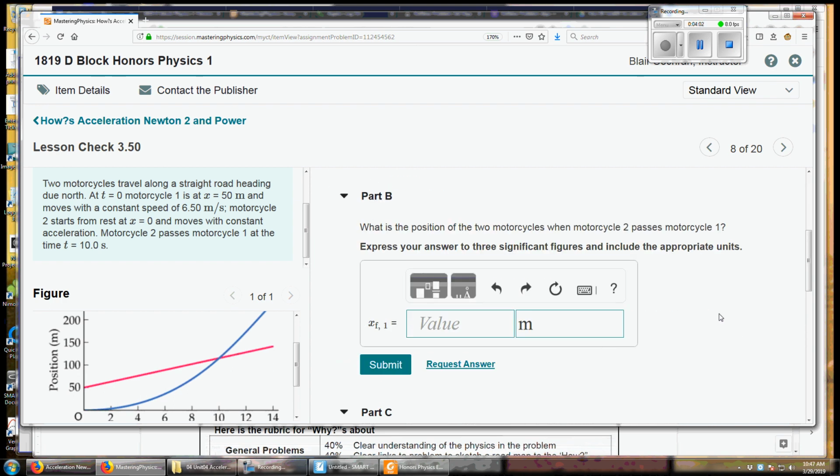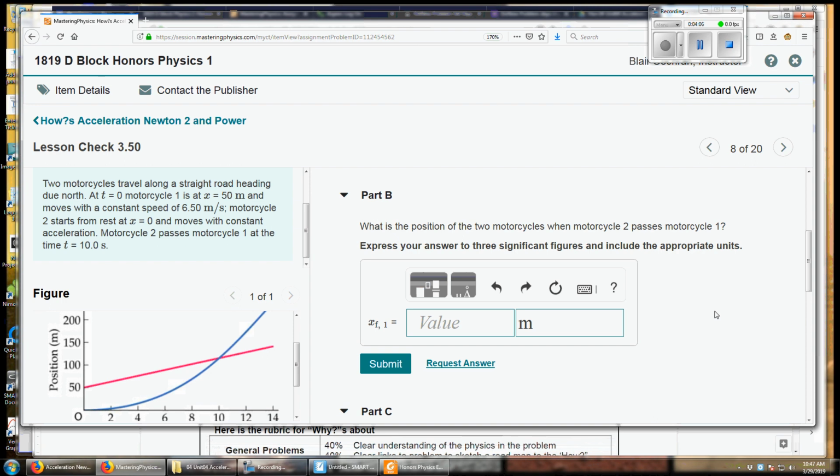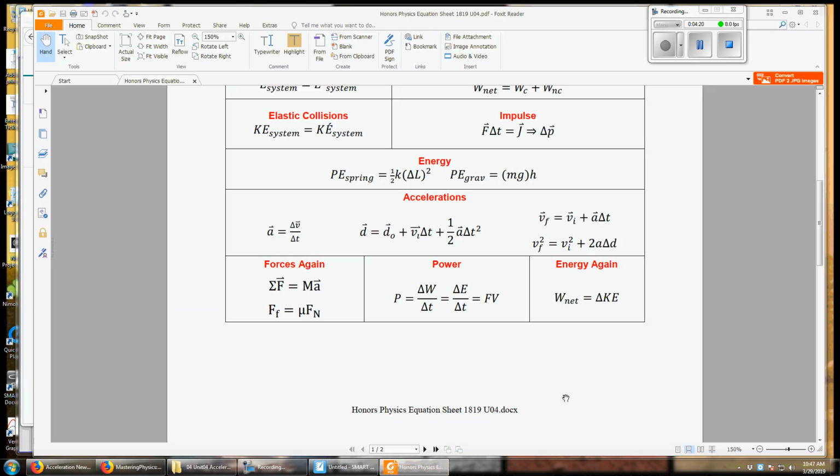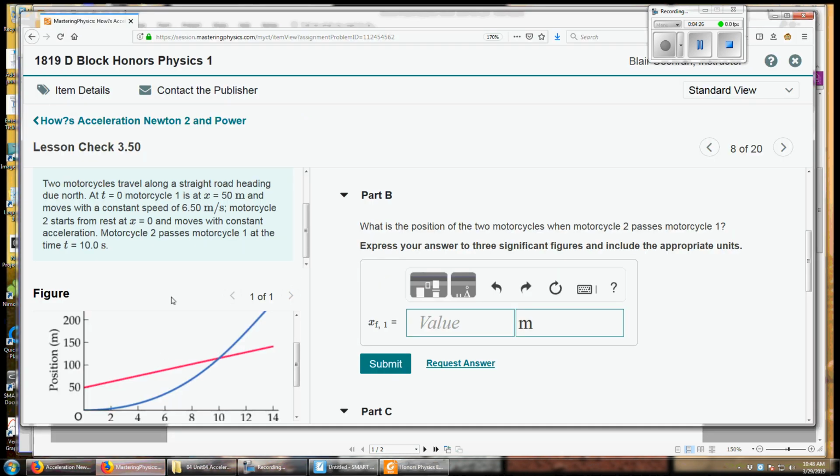It's going to continue. So part A, hopefully you can answer on your own. What is the position of the two motorcycles when they pass? I need to look at position, and let's think about what I know.